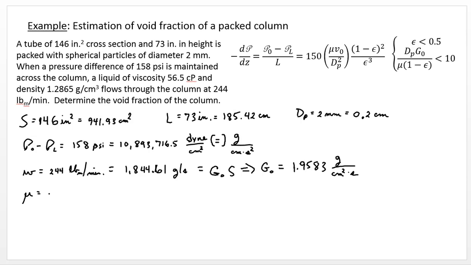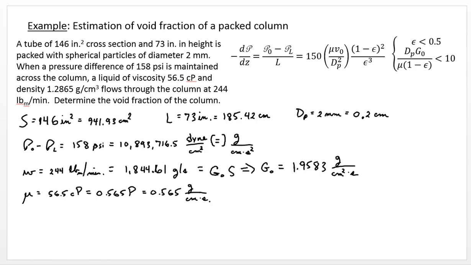Mu is equal to 56.5 centipoise, which is of course 0.565 poise, and that's equal to 0.565 grams per centimeter second.